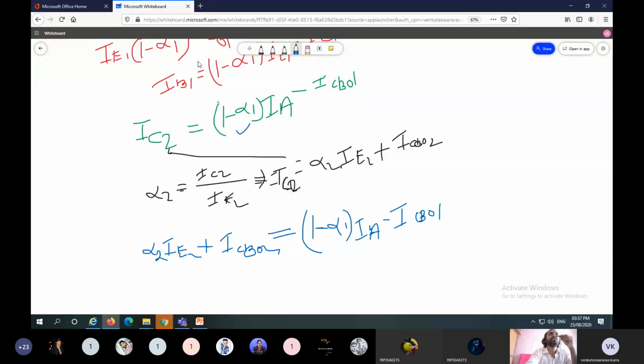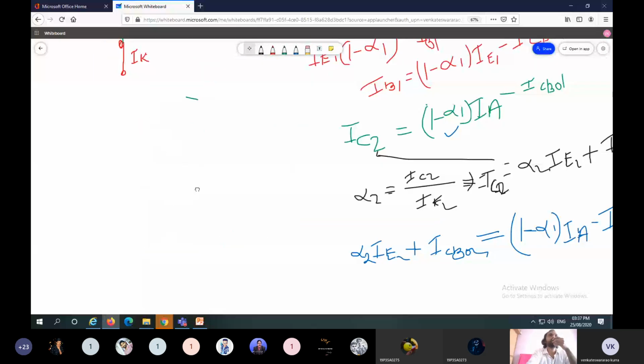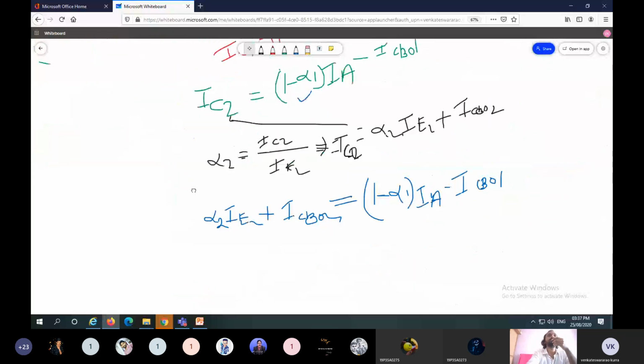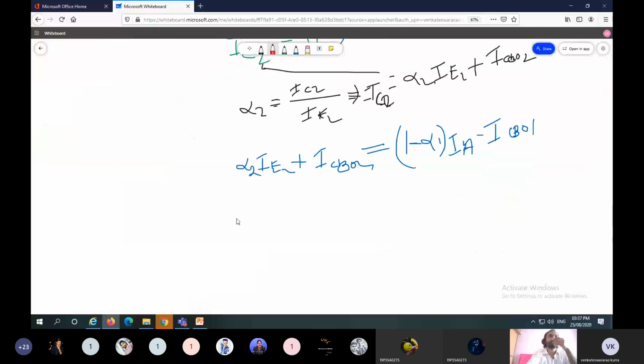So next, here it is the IE2. IE2 means IE2 equal to IK. IE2 equal to IK. Alpha 2 IK plus ICB02 equal to this equation.